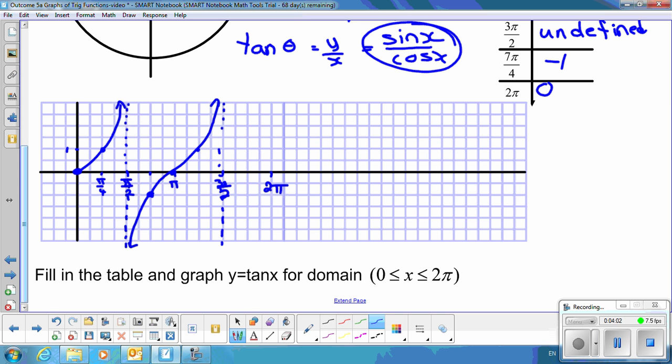At 7 pi over 4, we're at negative 1. At 2 pi, we're back at 0, and so our graph is that piece again. And that relationship would just keep repeating as we increase our value of pi.